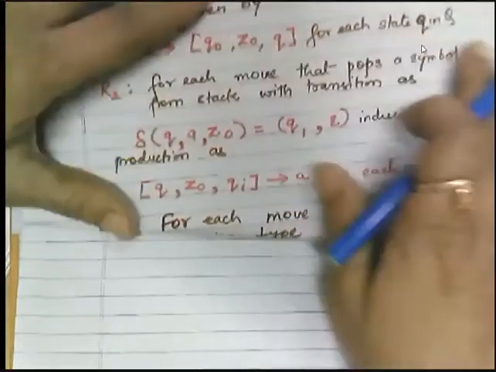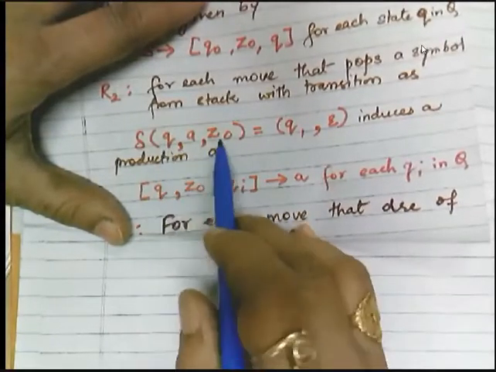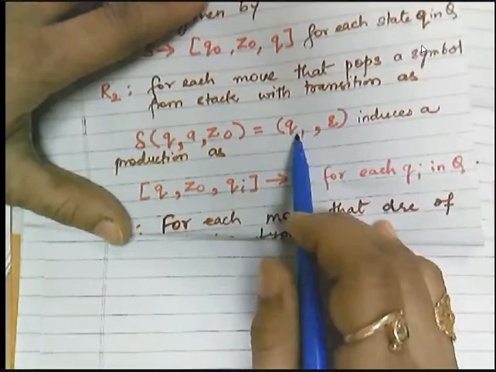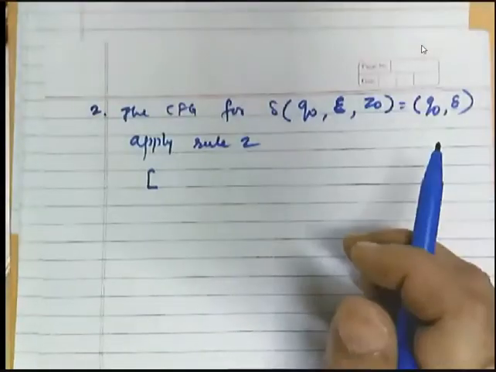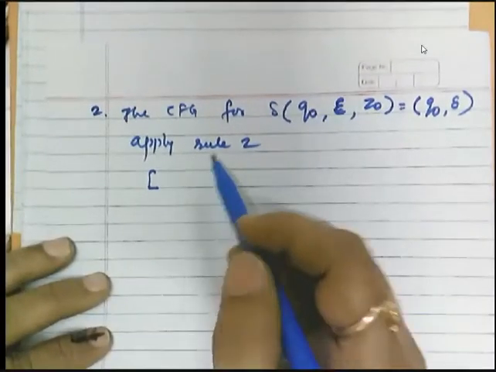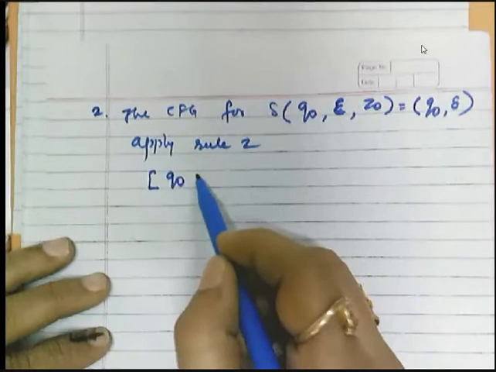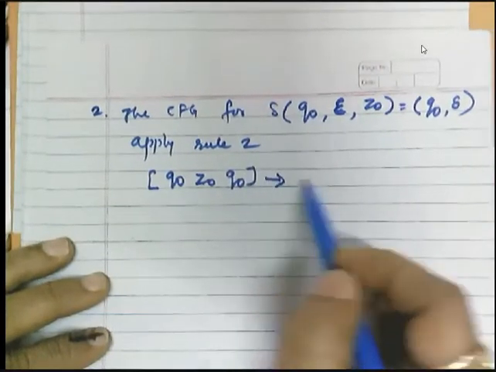Then you will be writing a rule as Q Q Z0, and this Qi produces A. So here I am writing the same thing. So it will become Q0 Z0 and Q0 is producing empty.